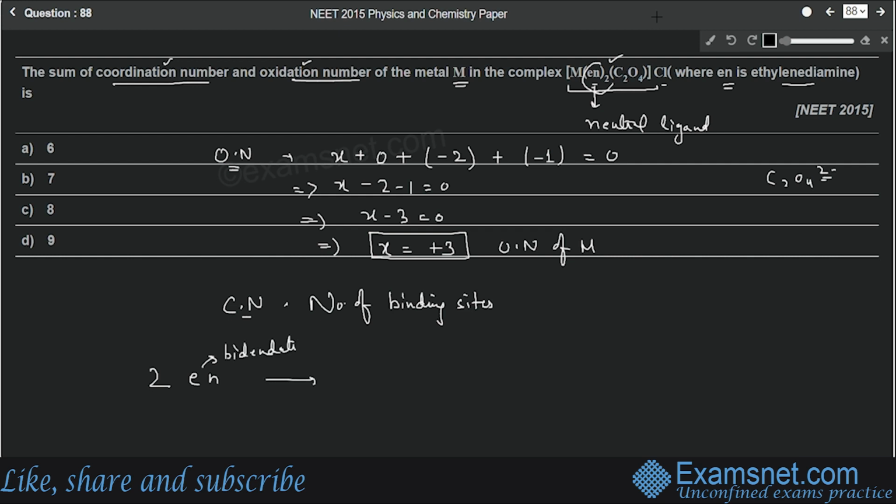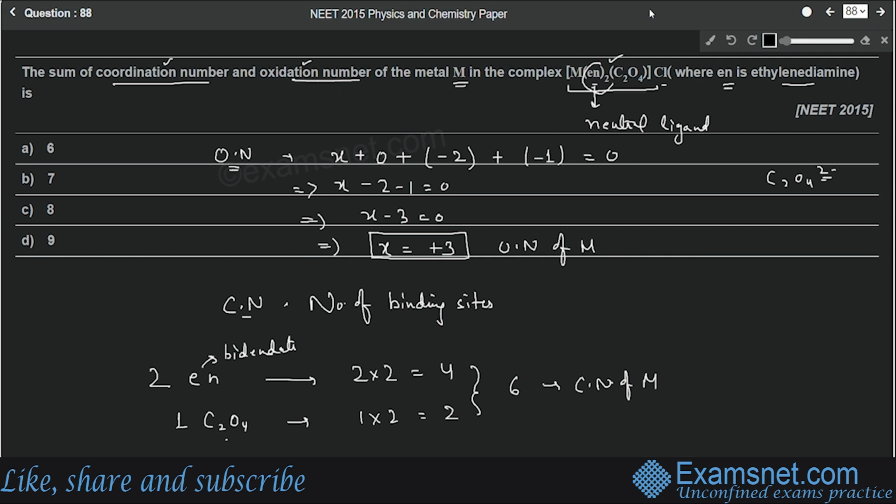So 2 ethylene diamine means 2 into 2 binding sites. So 4 binding sites for this. And then 1 C2O4. It is also a bidentate ligand. That means 1 into 2. So 2 for this. So total number of binding sites will be 4 plus 2, that is 6. This is the coordination number of the metal M.